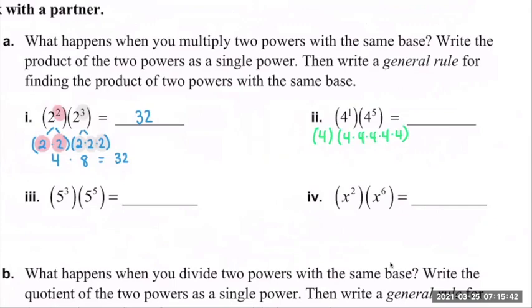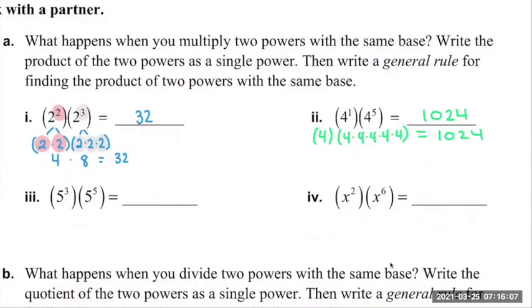So this is something that I even have to use a calculator for, because that's going to give me a huge number. I mean, not huge, but definitely bigger than what my brain wants to do, and that's okay. I get 1,024.